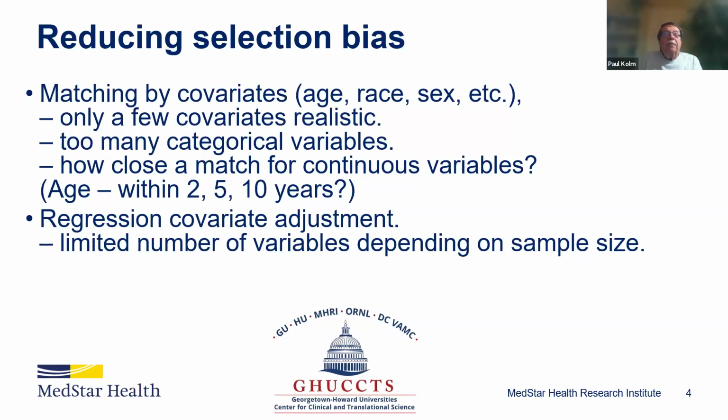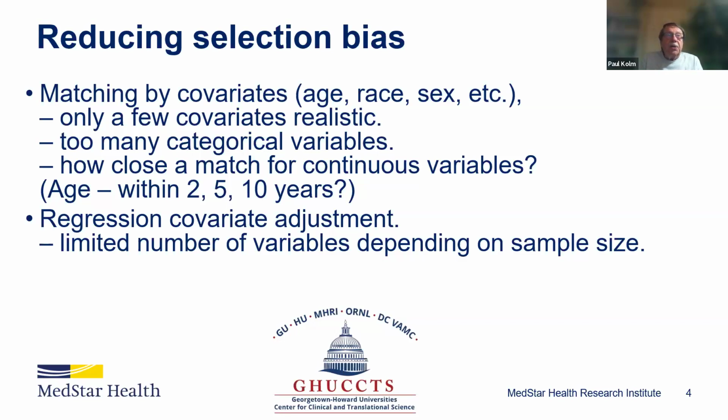And if you have a lot of categorical variables, this is going to be the case. And then with continuous variables, like age, how close are you going to match: within 2 years, or 5 years, or 10 years? So that's one way that selection bias is hopefully overcome.